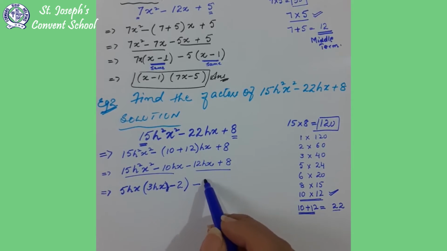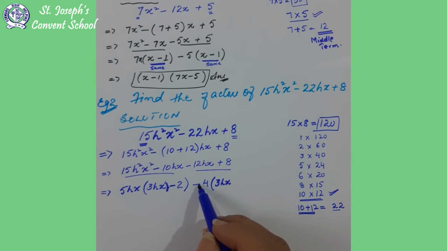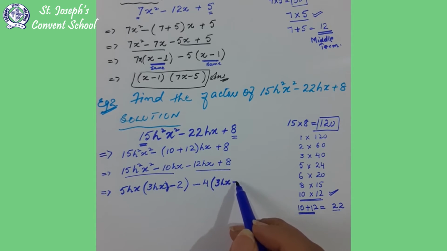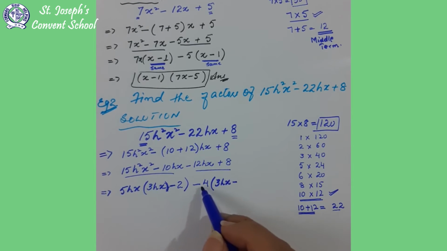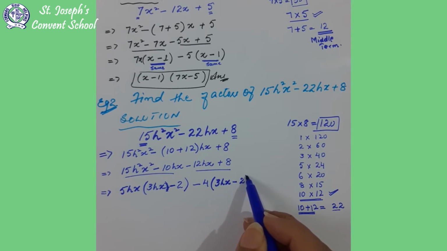Table of 4. 4 into 3 is 12, 4 into 2 is 8. So only 4 is common. Remaining terms, 4 into 3 is 12, so 3hx. Minus sign is common, so outside minus, and this will change inside the bracket, plus will change into minus. Okay, always write opposite sign here because outside is minus. And 4 into 2 is 8.